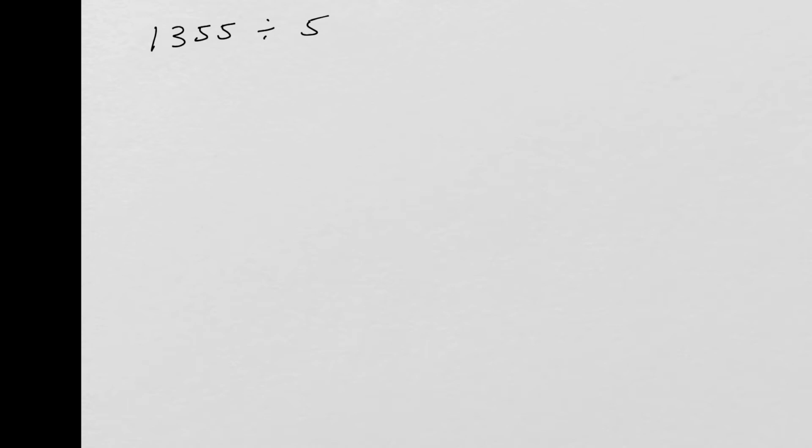First of all, these numbers have names. This first number is called the dividend. The number that you're dividing by is called the divisor. And then the answer is going to be the quotient.